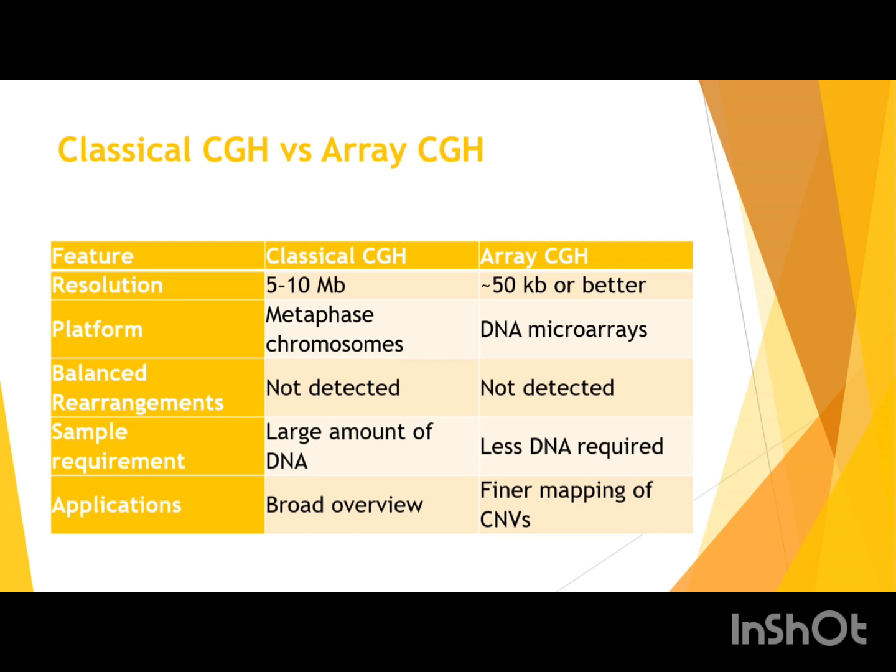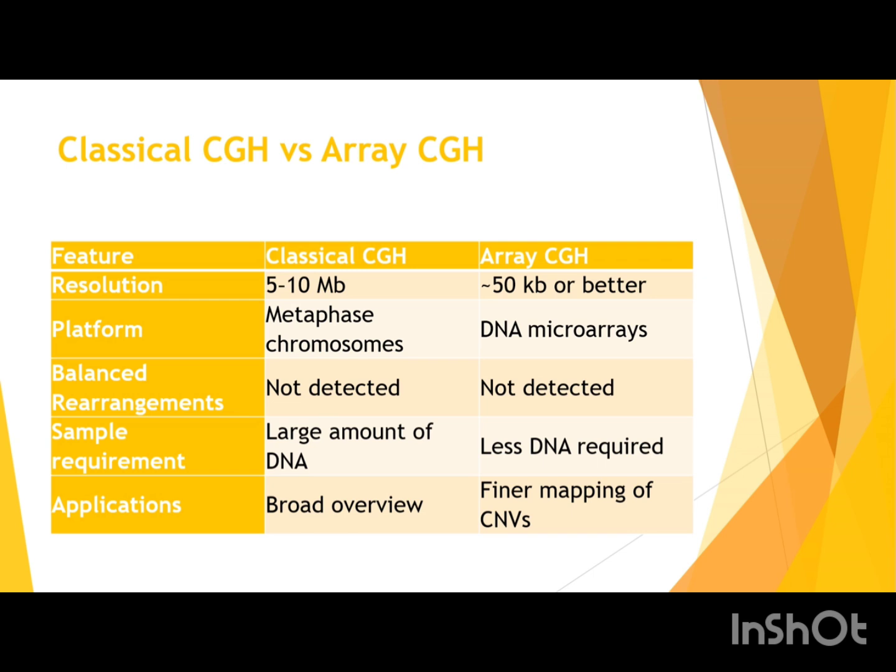Now, when we compare the classical method with the array method, the resolution in classical is about 5 to 10 MB, whereas in array it is approximately 50 kilobases or better. For platforms, the classical method requires metaphase chromosomes, whereas array comparative genomic hybridization can use DNA microarrays.